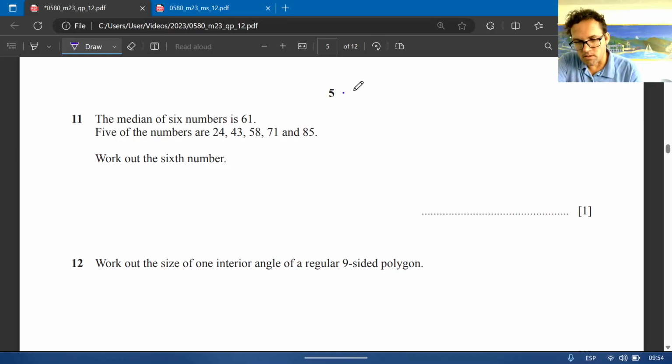Now 61 needs to be in the middle. Yeah? So they say it's 24. Median, always put the numbers from the smallest to the biggest.